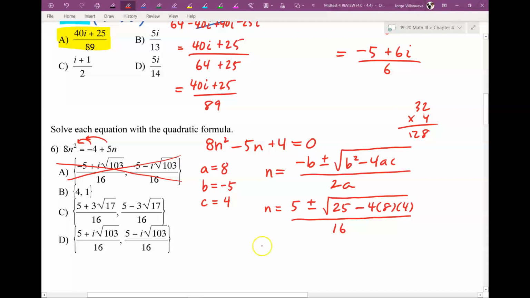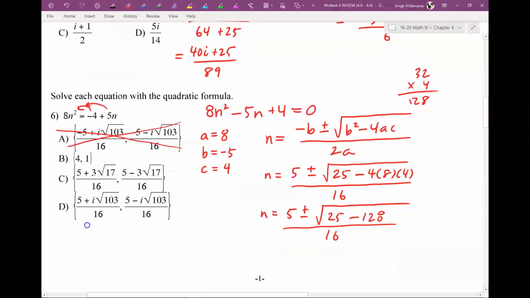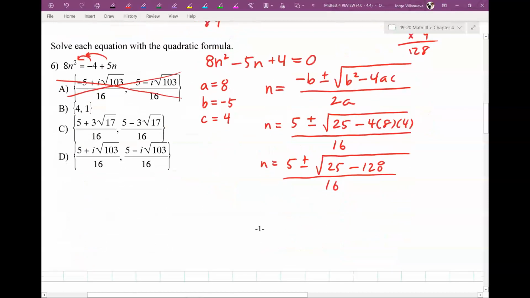Okay, so this is 5 plus or minus the square root of 25 minus 128, over 16. Can you tell that I'm going to have a negative number inside my square root? 25 minus 128 should be a negative number. And if there's a negative number, that means there has to be an imaginary answer. So that means B cannot be that answer.